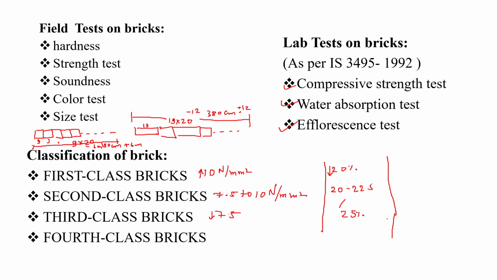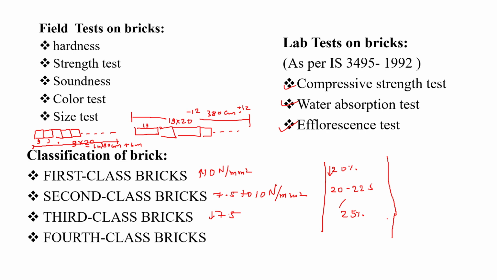Second class bricks are table moulded, but there are some minor defects. Everything is fine with second class also, but it might fail in strength or water absorption, or any cracks are visible, or the color will be defective, meaning minor defects are there.